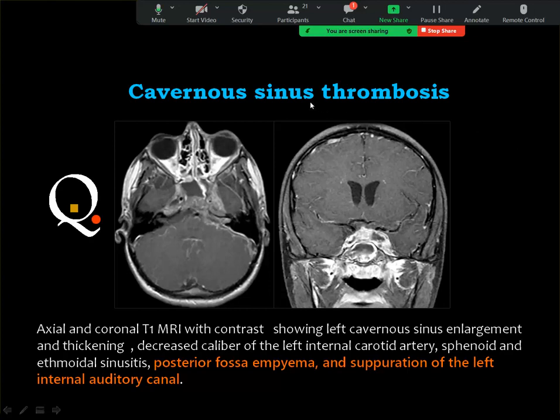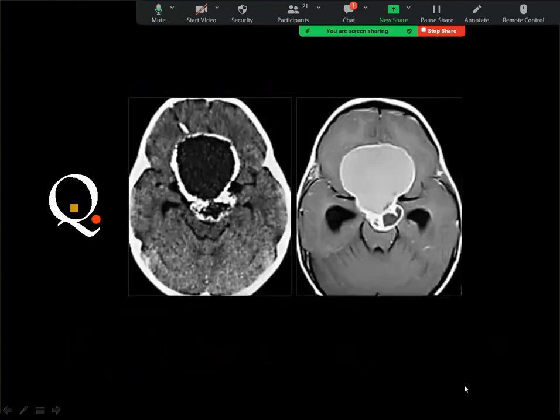And this is cavernous sinus thrombosis secondary to sphenoid sinusitis. Next is CT scan and an MRI T1 both with contrast.